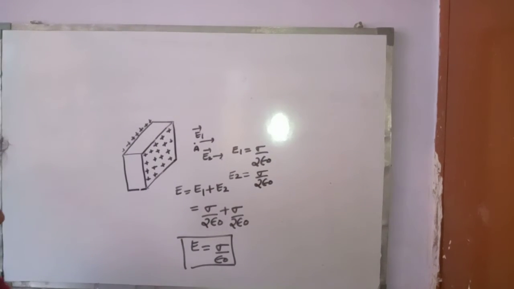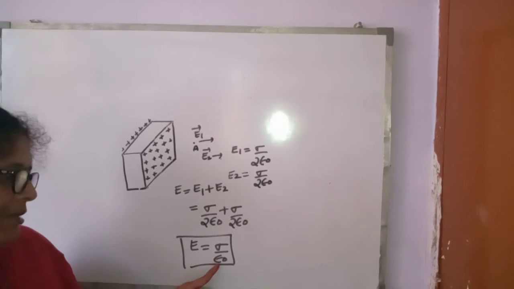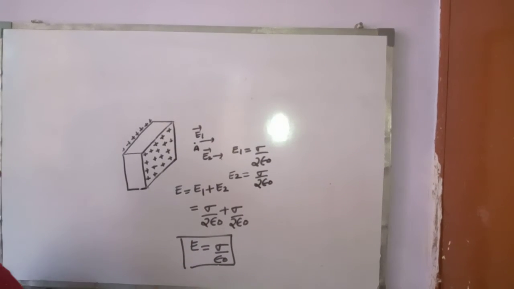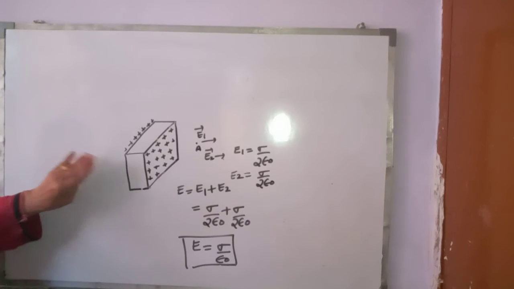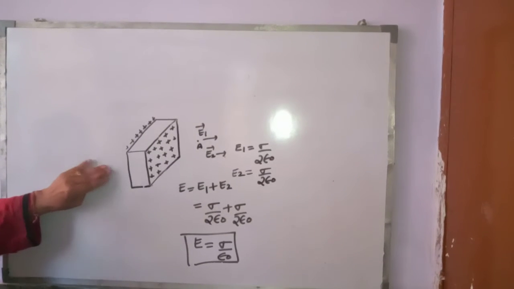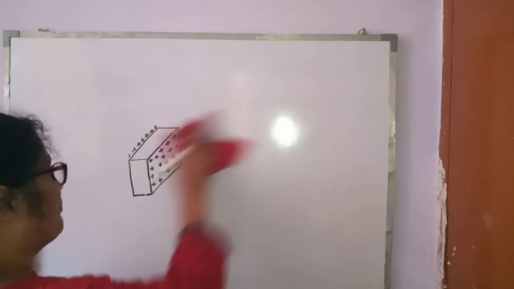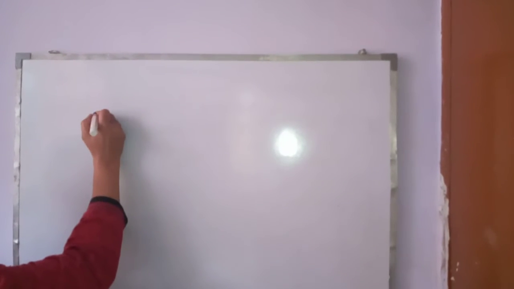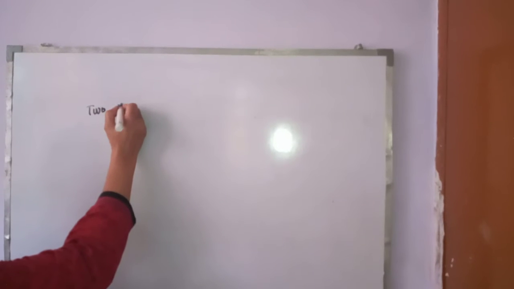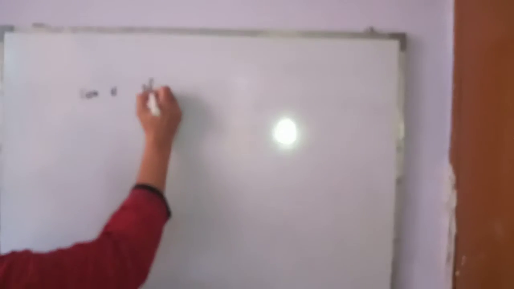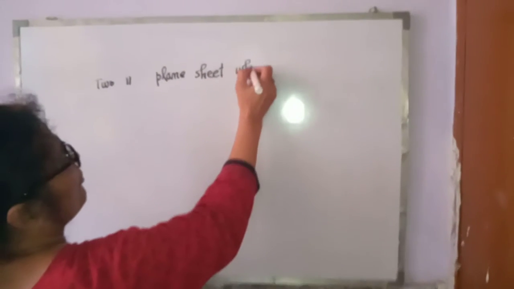The only difference is that for the thin sheet it is 2 epsilon naught, and here it is epsilon naught. This is the value due to the thick plane sheet of charge. What happens if we take two parallel plane sheets of charge which are uniformly charged?